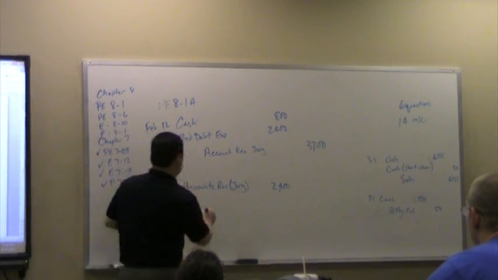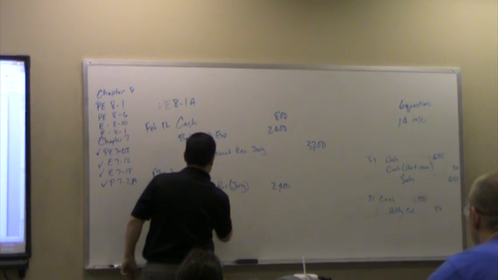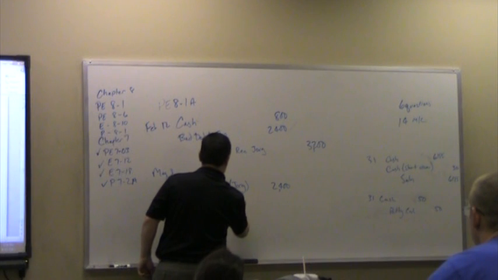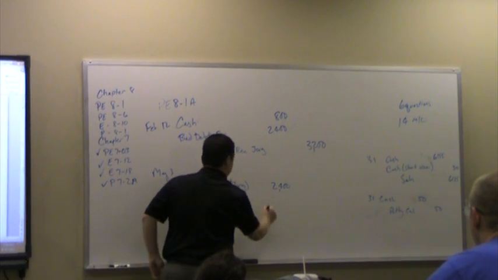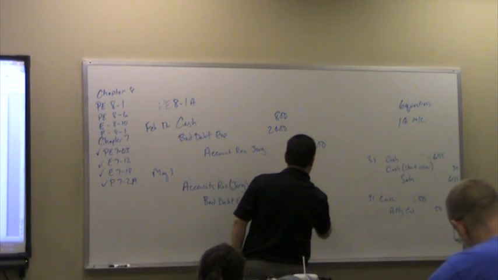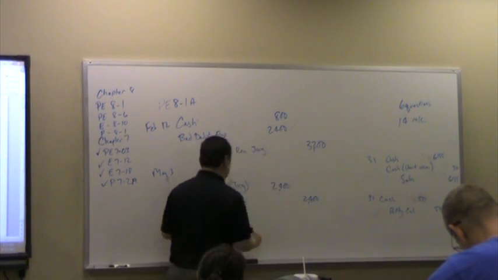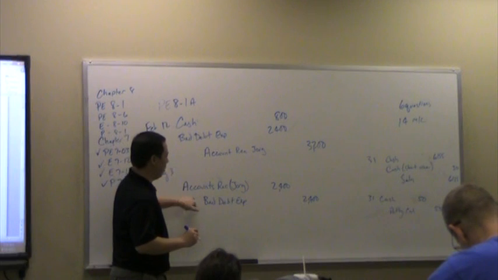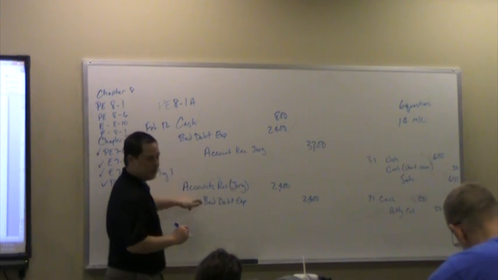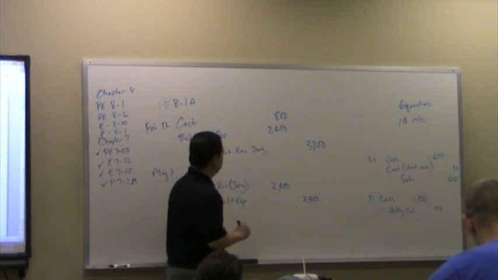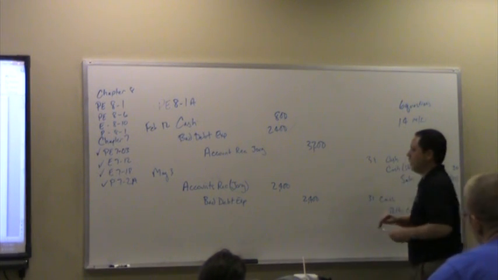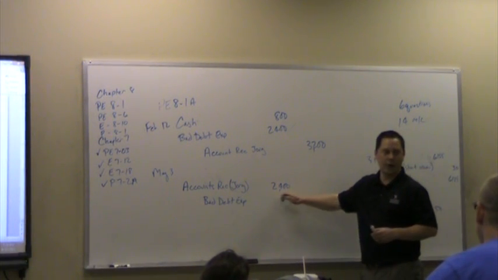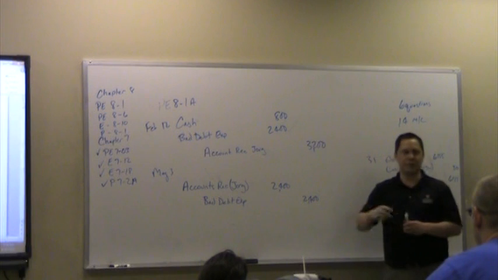It's all good now. So now, this is one time where we'll actually have a credit for that bad debt expense because we're backing it out. So now, that's zero, our bad debt expense, it's not there anymore. And he owes us 2,400, he's paid us 800.